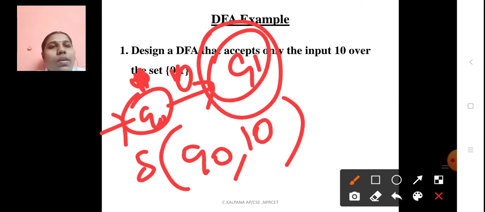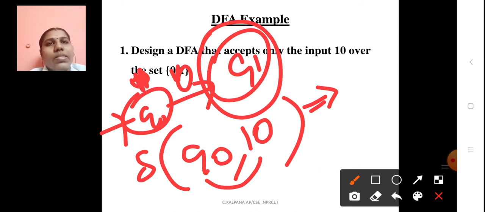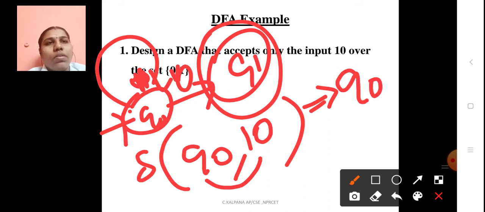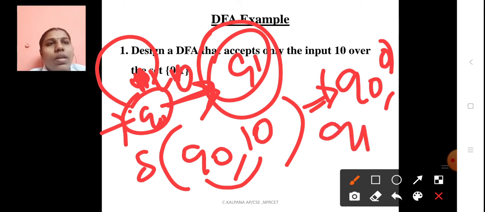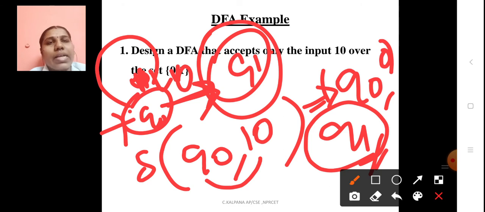First you have to check Q0 to 1. Q0 to 1 answer is Q0 only. Then Q0 to 0 answer is Q1. If the input reaches the final state, the given input is accepted, or else it is rejected.